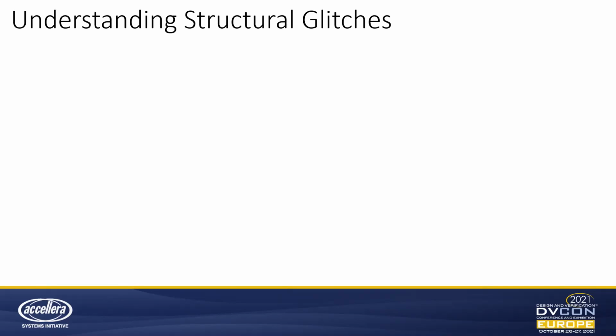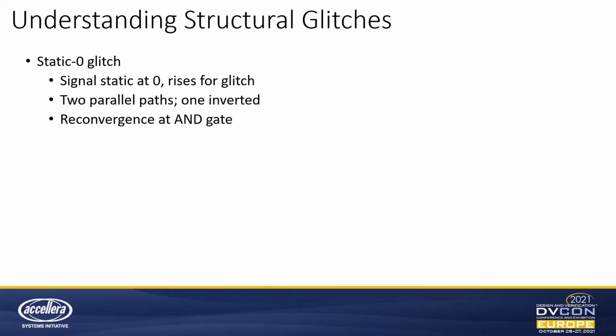Glitches are mainly classified into three categories. The first is the static 0 glitch. By static 0 glitch, we mean the signal is meant to be held stable at a steady-state value of 0, but due to some issue, it momentarily goes to value 1 and then reaches 0 again. Here, the signal X going through one path and the NOT of X, the path with an inverter, converge at an AND gate, which leads to a static 0 glitch.